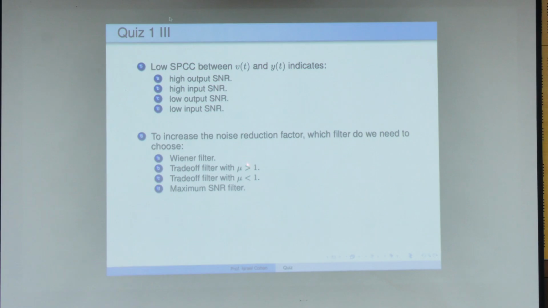The maximum SNR filter actually achieves the maximum noise reduction. Maybe it's confusing, because we can use the trade-off filter, but the maximum SNR filter can increase it as much as possible because it increases the output SNR, which is achieved by maximizing the noise reduction factor. Okay?